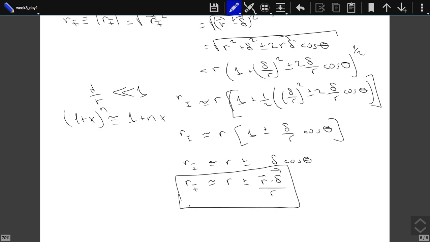Just approximately. This approximation gets better and better the smaller this ratio is.